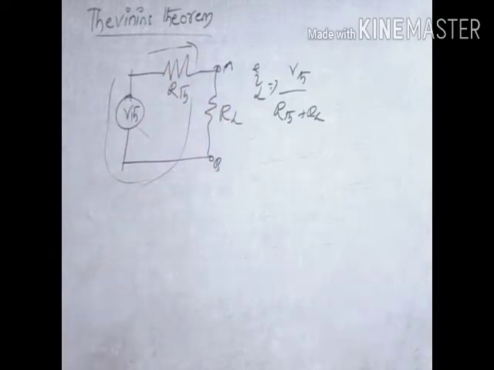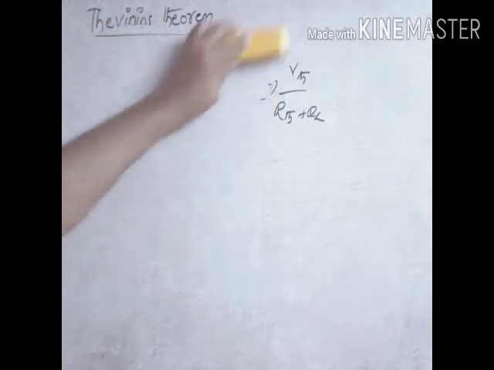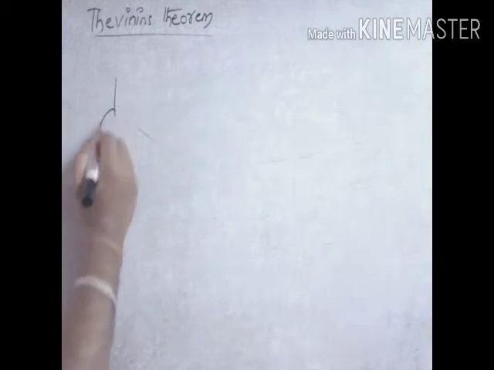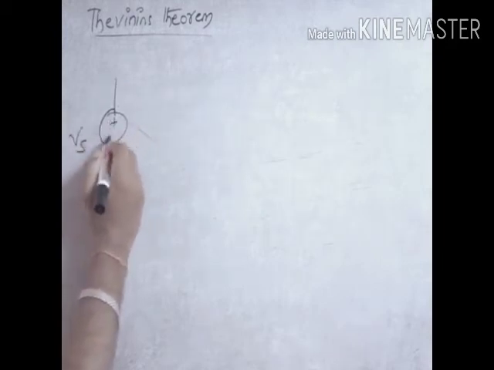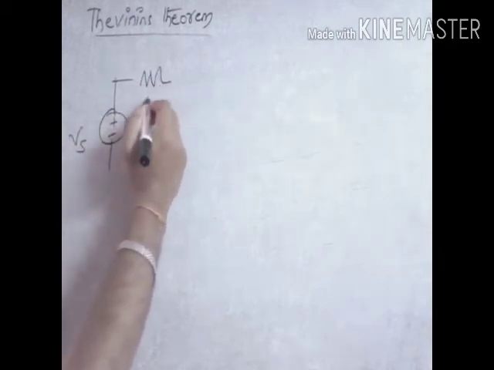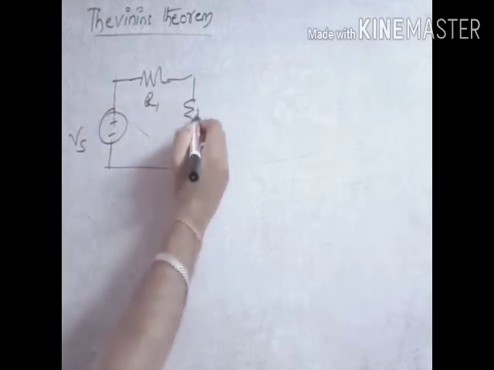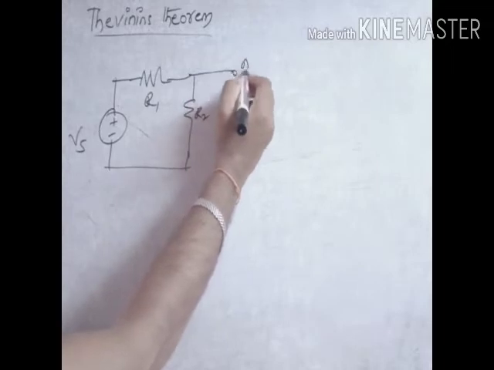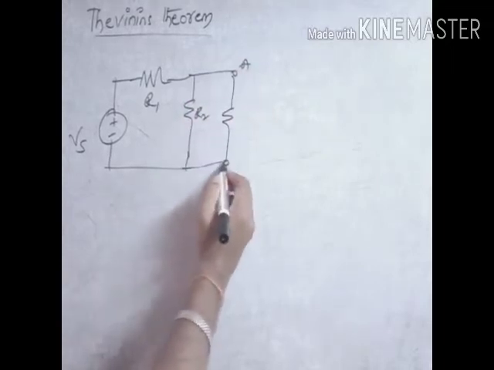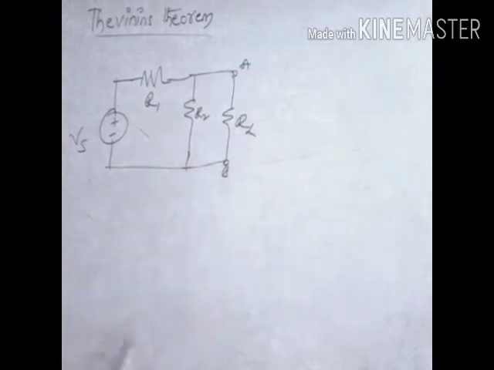Now, how to replace this complicated circuit by V Thevenin and R Thevenin in series, keeping the load terminals AB as they are, we will see now. Let us suppose I have a simple source voltage Vs connected to a circuit with R1 and R2, and the load at which we have to calculate the response is RL.